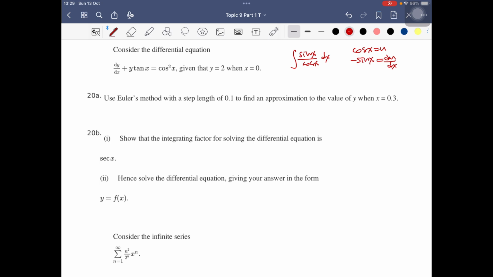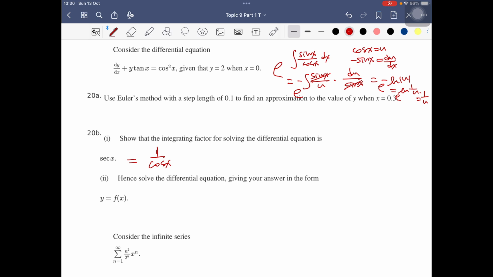So this one is negative sine x over u, dx is du over negative sine x. So the integral is negative ln u, which is ln 1 over u. So we put it on the e, which gives 1 over u. So the integrating factor is 1 over cos x, which is secant x.